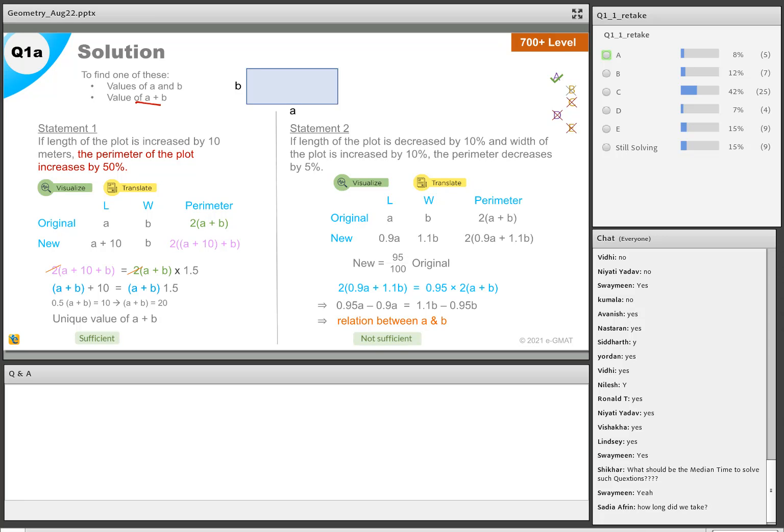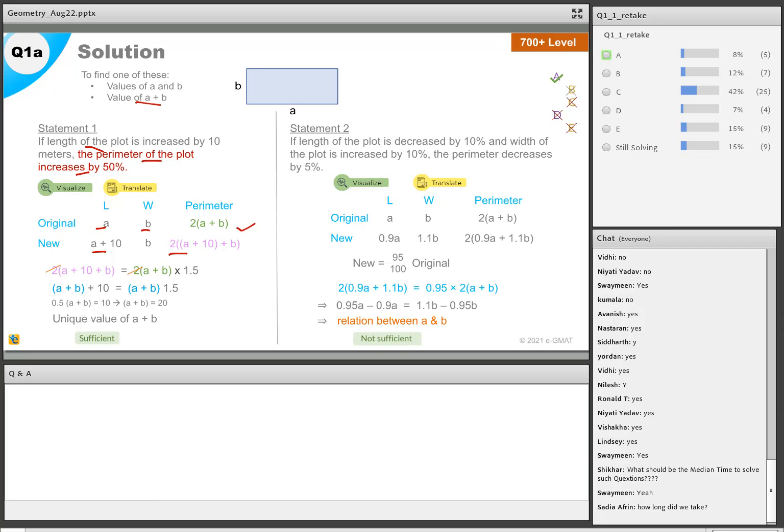The first statement tells me that if the length of the plot is increased by 10 meters, the perimeter of the plot increases by 50%. So the initial lengths are A and B. What's the perimeter? Twice of A plus B. The new length is A plus 10 because the length increases by 10 meters, and for the same reason, my perimeter becomes twice of A plus 10 plus B.